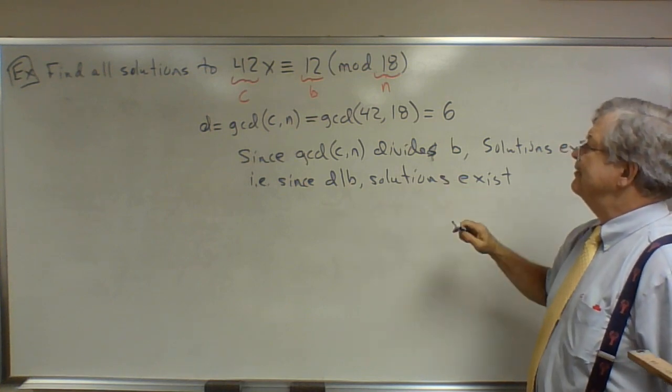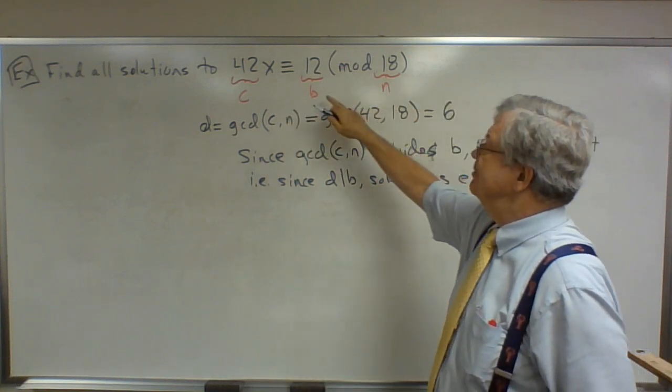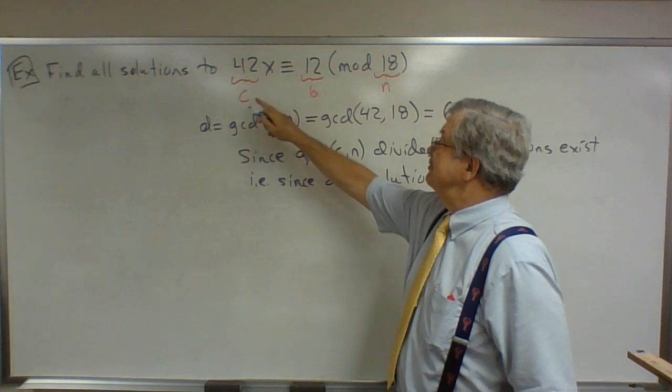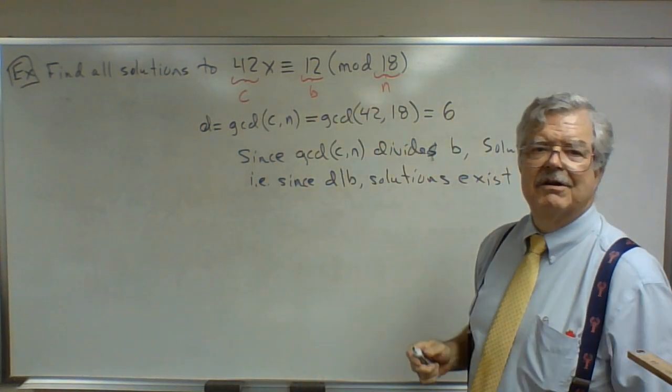But if the greatest common divisor of C and N divides B, we're in business. If the greatest common divisor of C and N doesn't divide B, we need look no further.